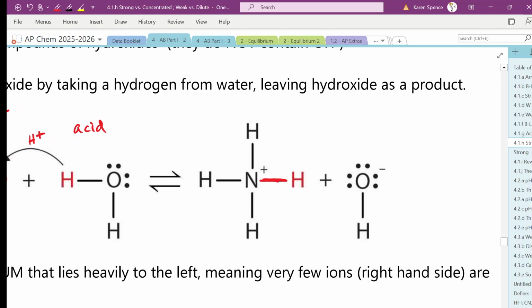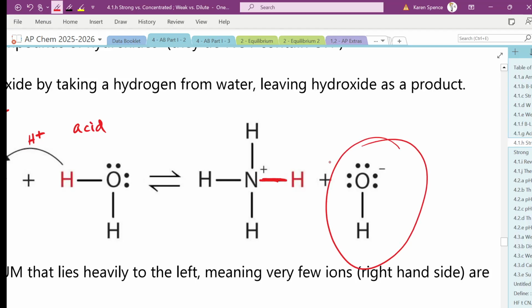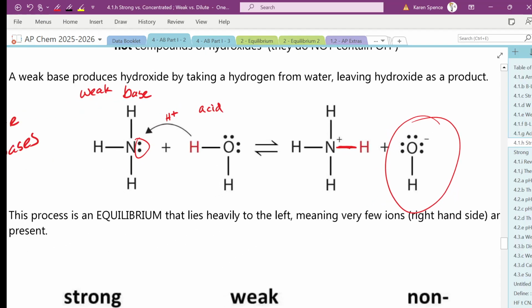So we end up with NH4+ and OH-, and that's where our OH came from. This equilibrium is a process that lies heavily to the reactant side, meaning very few ions on the right-hand side.